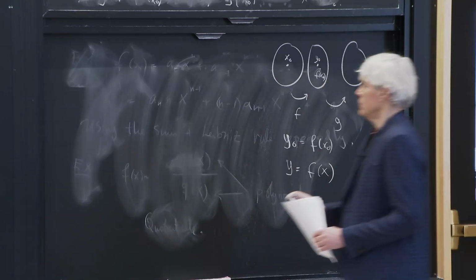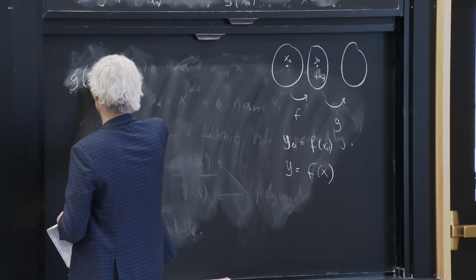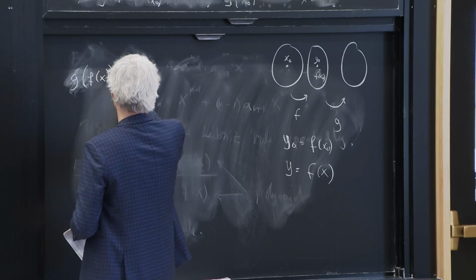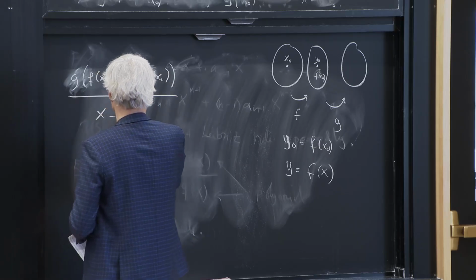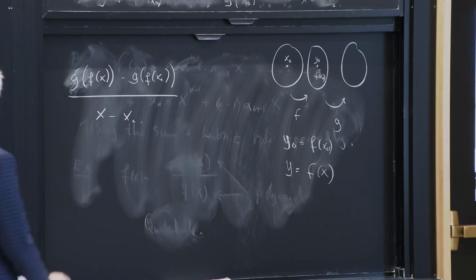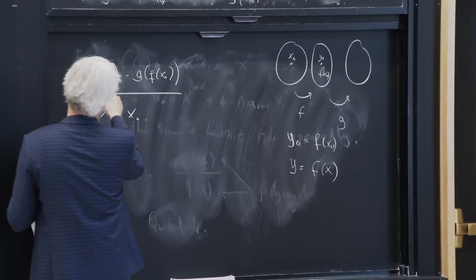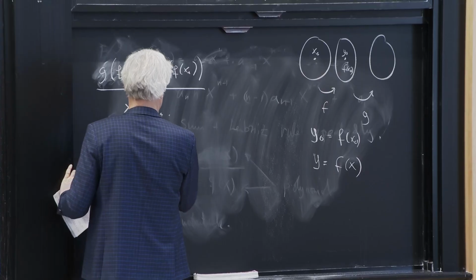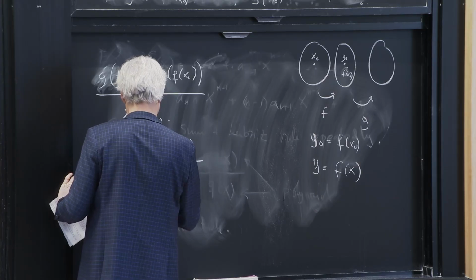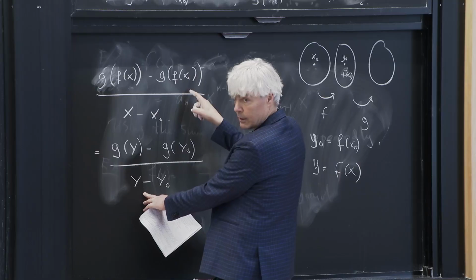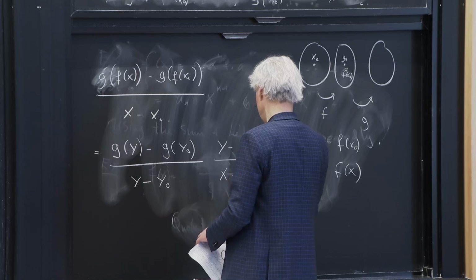Okay. So now I'm looking at the difference quotient. I'm looking at g of f of x minus g of f of x0, over x minus x0. That's what I'm supposed to look at. And I can write this as g of y minus g of y0, because this here I also call y. And then I will write it as y minus y0, but I didn't have this in the denominator up here, so I have to multiply it back on, and then I still have to divide by it like that.